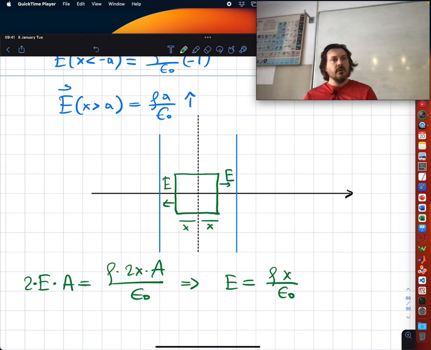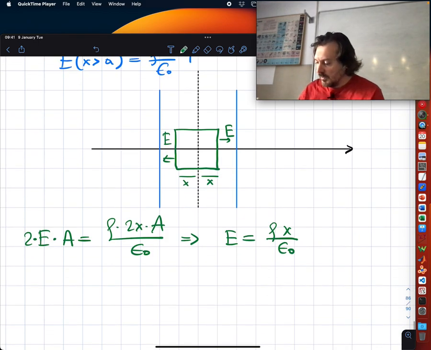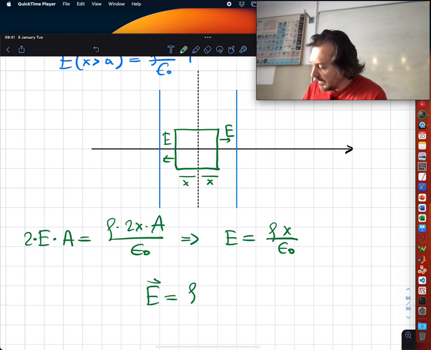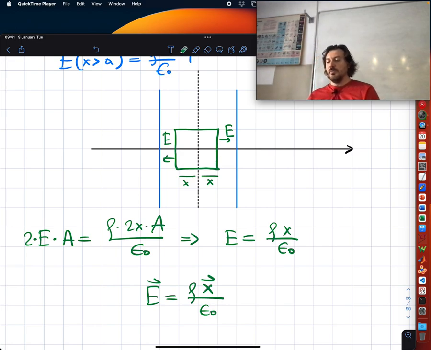And this time, you can just simply write E equals rho x vector divided by epsilon 0, because it will be pointing to the right when x is positive, pointing to the left when x is negative. Do you see?